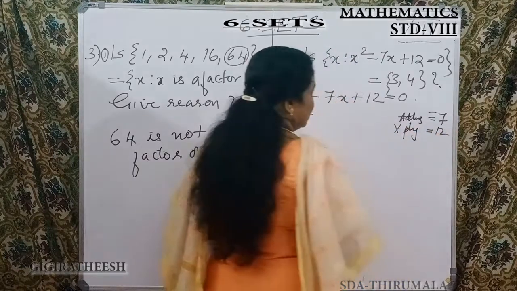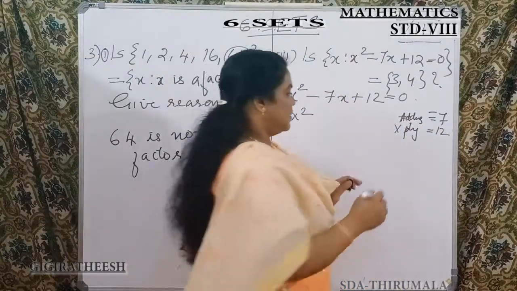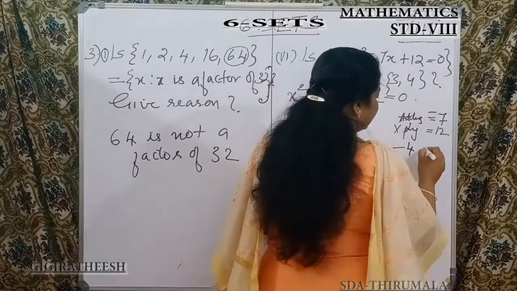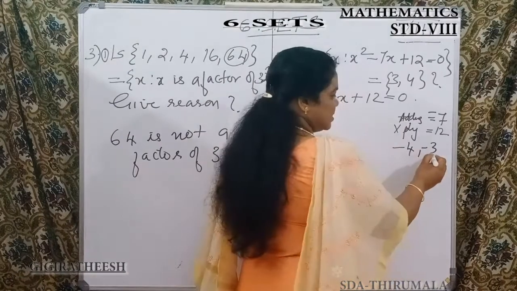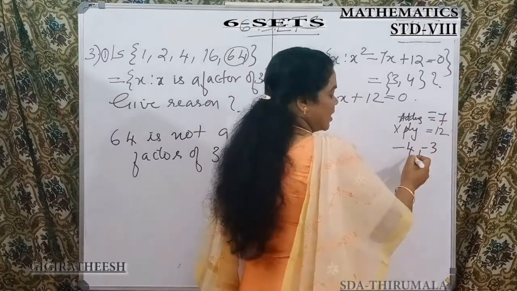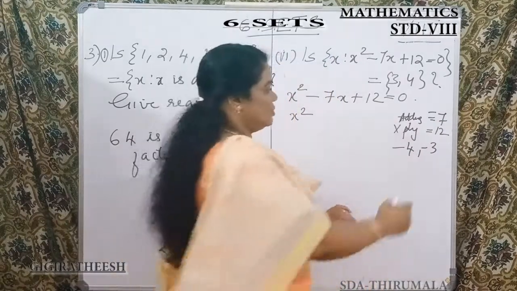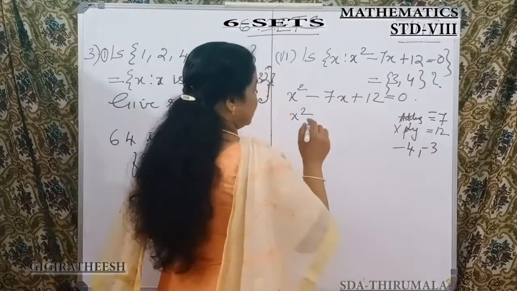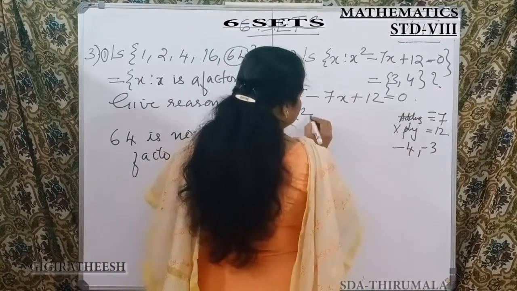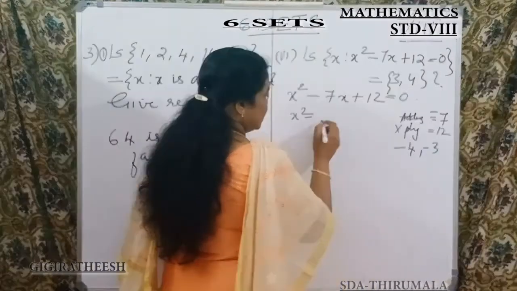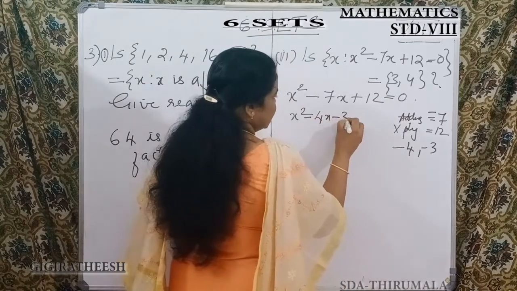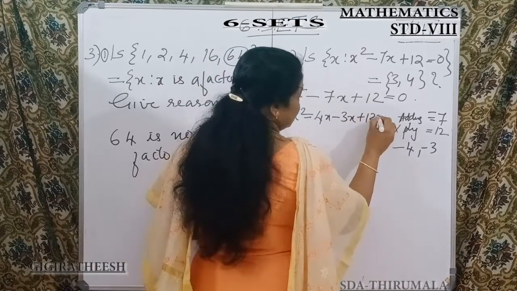And what are the numbers here? They are minus 4 and minus 3. Minus 4 plus minus 3 is equal to minus 7, and minus 4 into minus 3 is equal to plus 12. So when we split minus 7x, we get x square minus 4x minus 3x plus 12 is equal to 0.